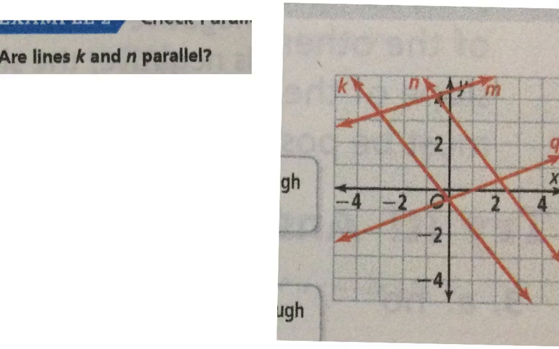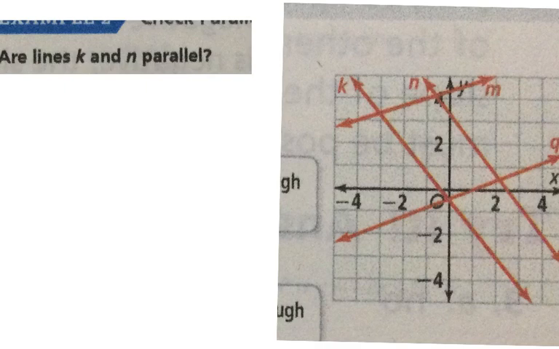I would go y2, which is -3, minus y1, which is 2, over x2, which is 2, minus x1. So that would be minus -2. Well, minus -2 is the same thing as plus 2. So that leaves me with -5 over 4.